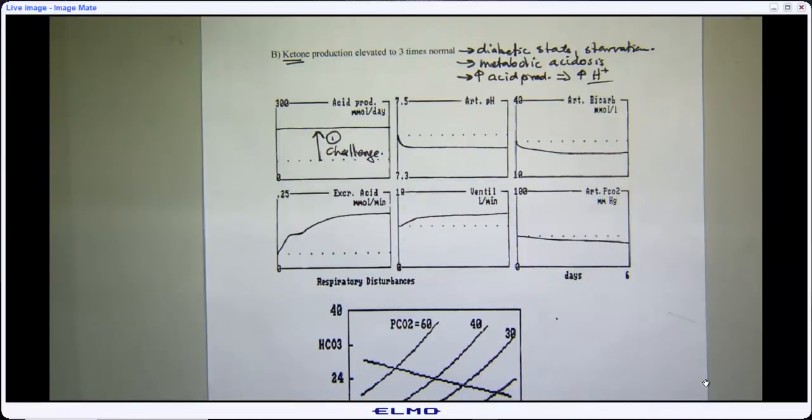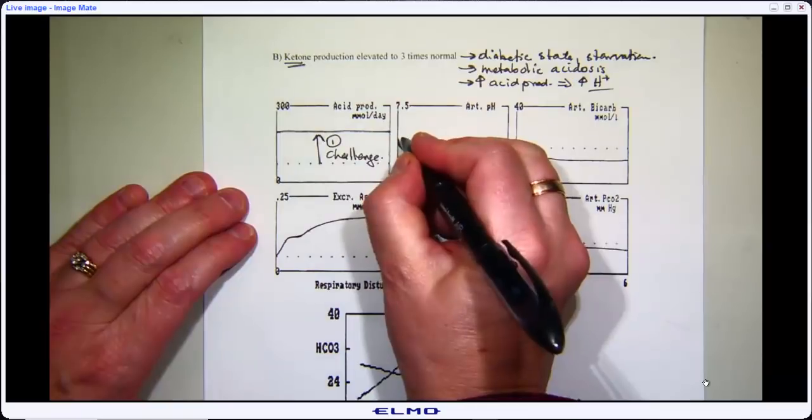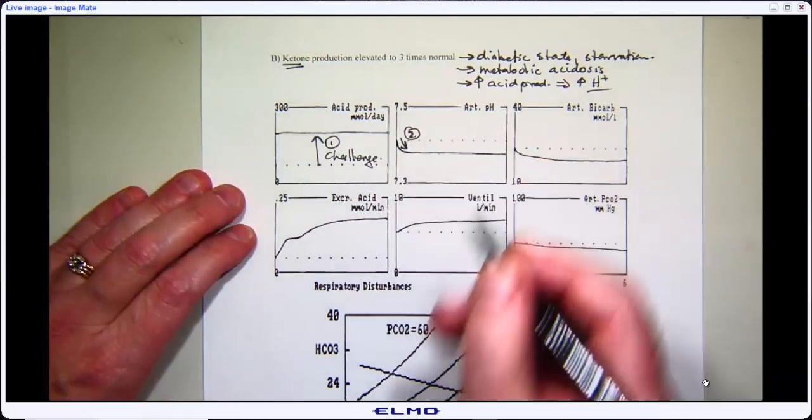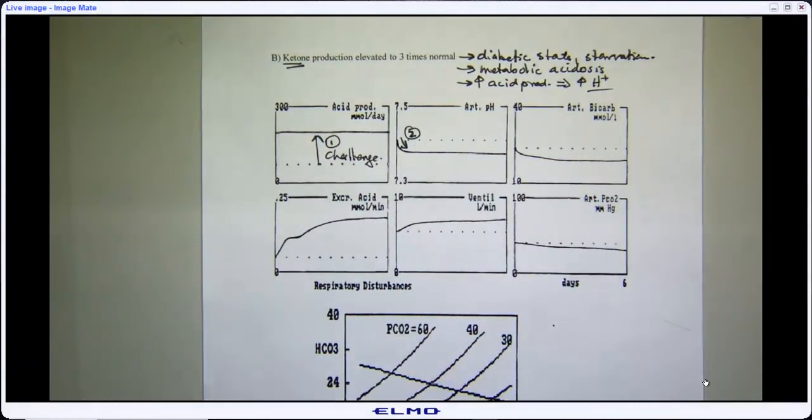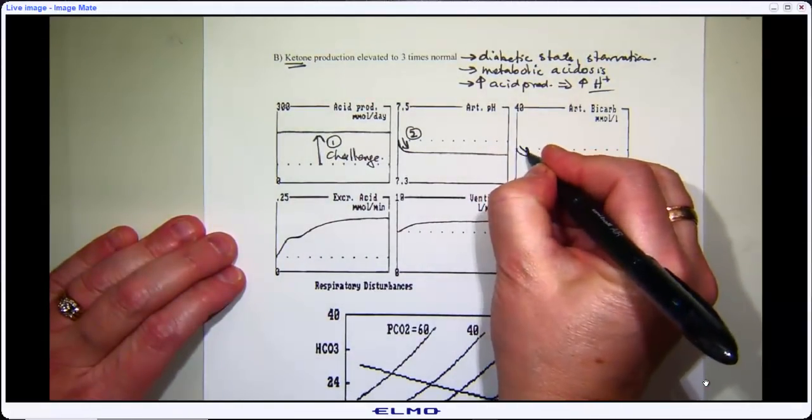With an increase in acid production, obviously, then we should see a decrease in pH. We have an increase in free hydrogen ions, so we will be using bicarb as a buffer to bind it, right? So we should expect to see a decrease in bicarb, right?